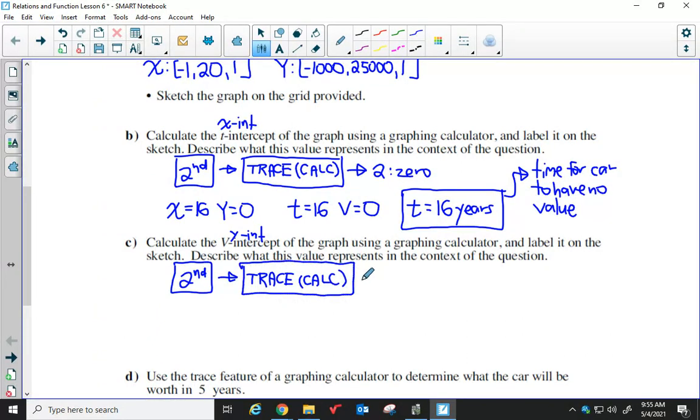And this time you want to pick option number 1, which is going to be value. And then it'll prompt you to enter a value of x. So the y-intercept is going to be when x is equal to 0.